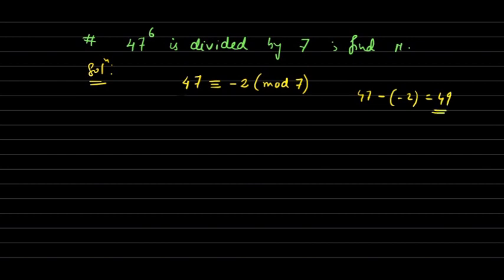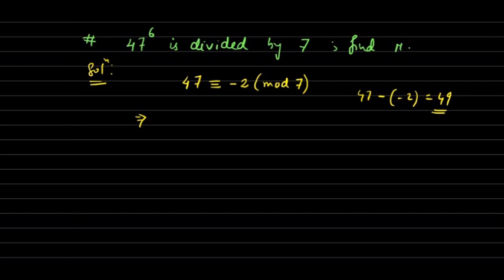Okay, then we need 47 to the power 6. One thing I am going to tell you: if I can replace this minus 2 as 1 or minus 1, then we can raise it to any power. Why? Because 1 raised to the power of something is by default 1.